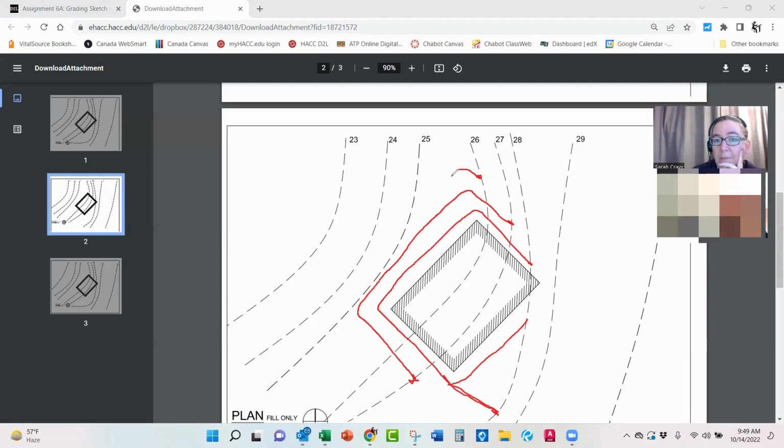You can fill like this. All right, now that crosses the 25, so we're going to need some more filling.